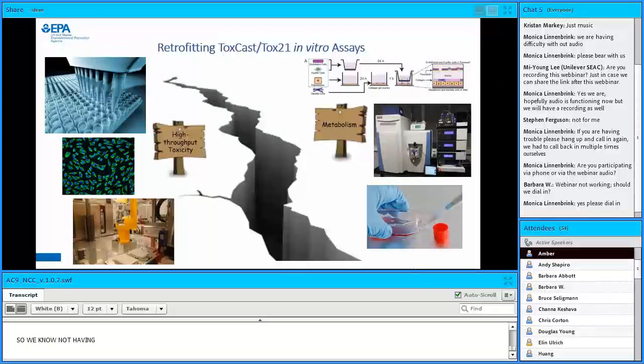When we look at what we're currently doing in terms of high-throughput toxicity testing, we're talking about using cell-free and cell-based assays in high-density multi-well plate formats, so 96, 384, 1536 well plates.